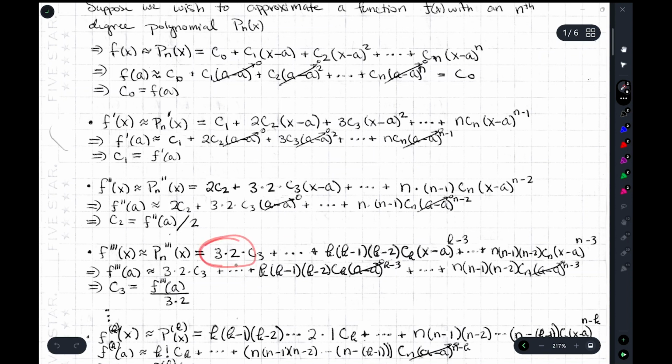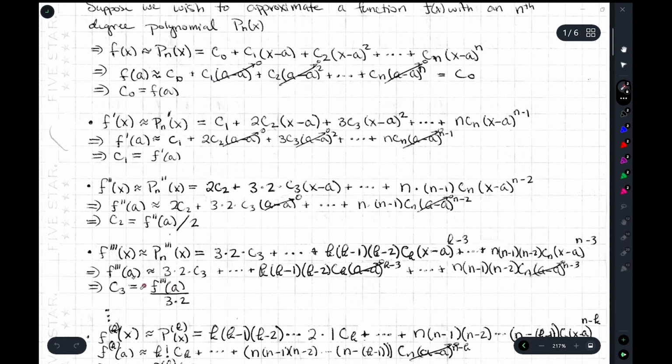You might be guessing now, instead of writing 3 times 2, just write 3 factorial, and that would not be a bad idea. We now introduce this arbitrary kth term, and as we take more and more derivatives, we get more and more factors. The 2c_2 does not survive. You get 3 times 2 c_3, so 6, or 3 factorial times c_3.